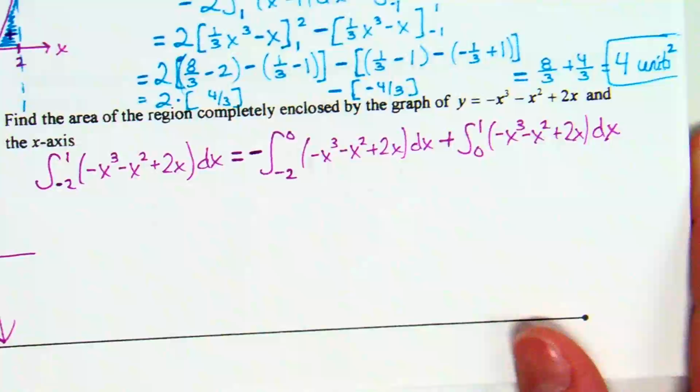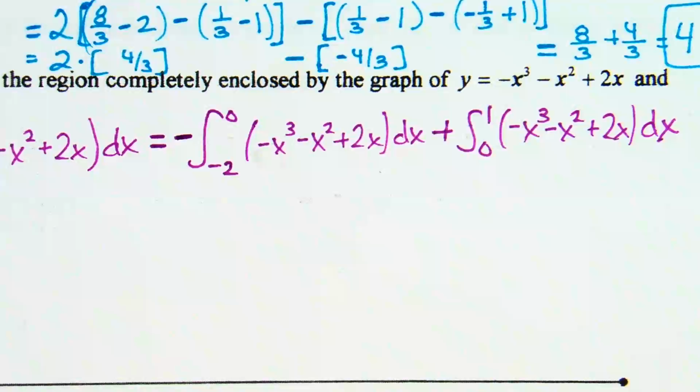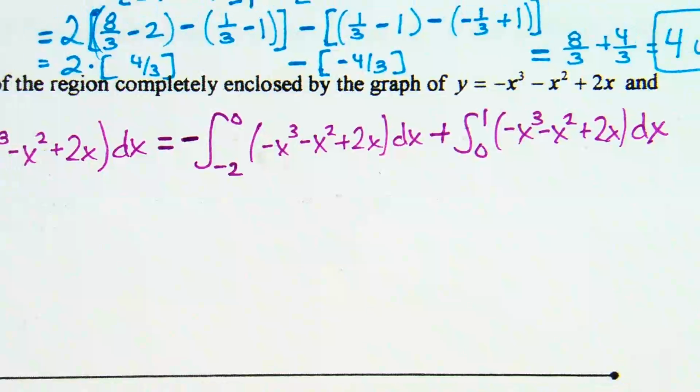If that bugs you having the negative integral out front, could you have flip-flopped these? Sure. I went from left to right, I'm fine with that. But I get it. If you're afraid you're going to forget it, then by all means, feel free to turn this around and make it a subtraction problem.